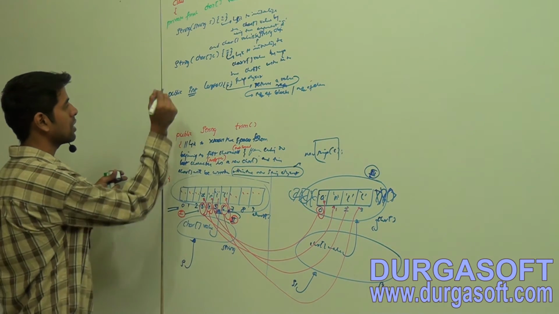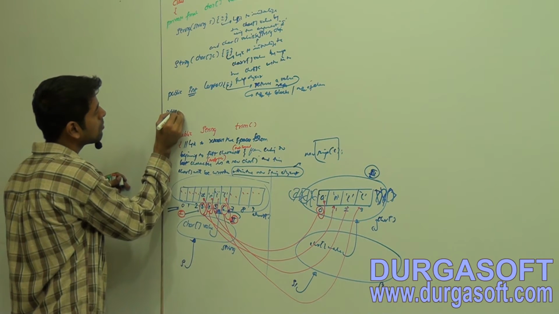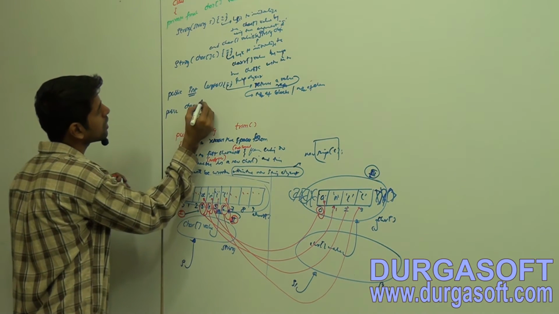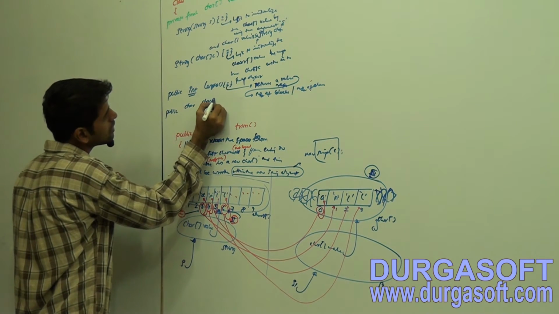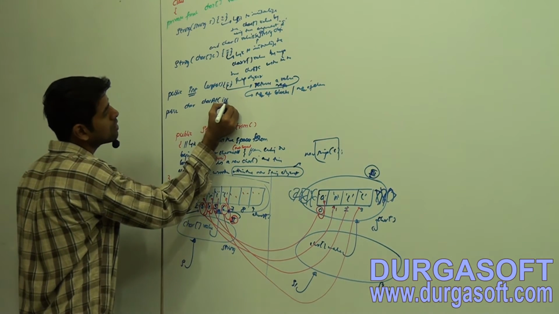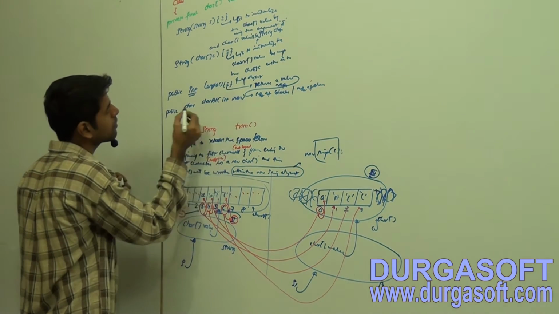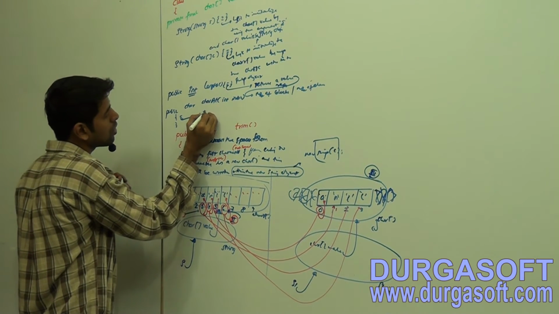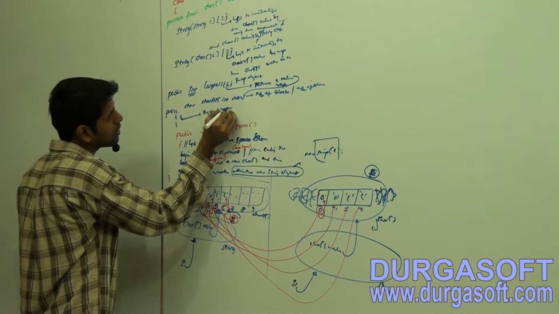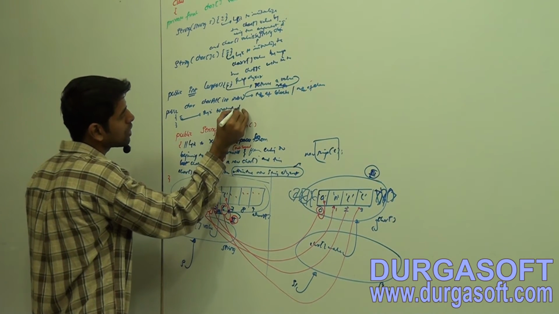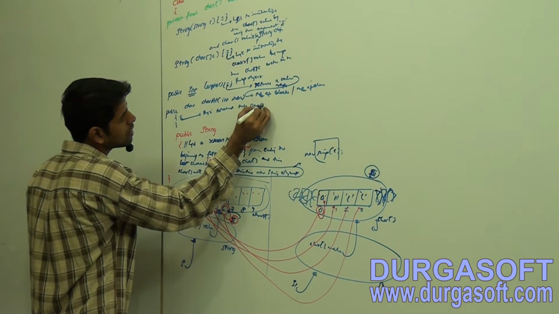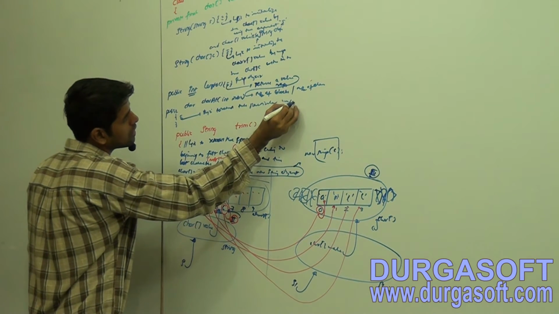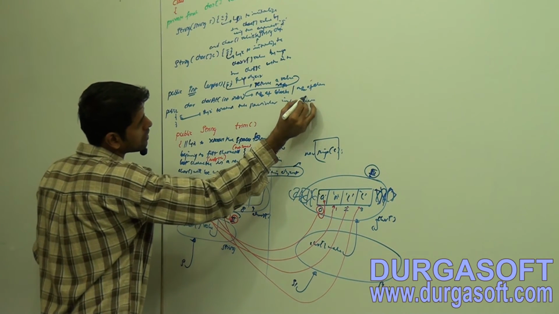So what is that method? Public, return type is char, guys. That method is the charAt method, pass int index. This method has logic to return the particular index character.